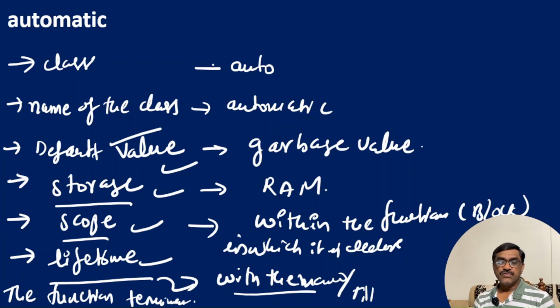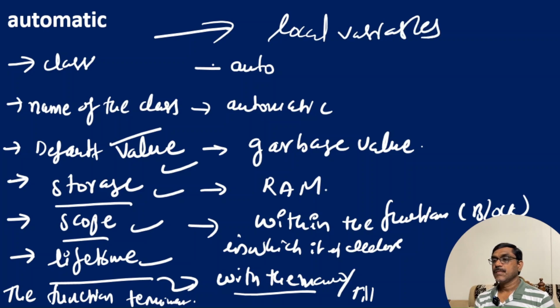Before moving on to the next storage class, let us have a discussion about local variables and global variables. Why? Because the automatic storage class mainly talks about local variables. Whenever the variables are local in nature, the default storage class for all the local variables is automatic.